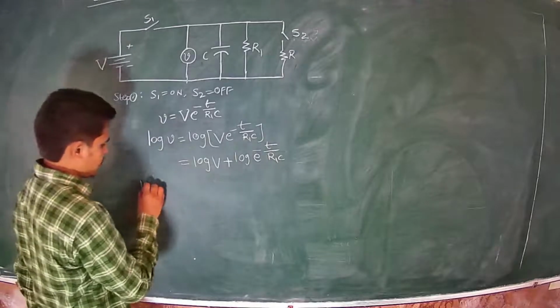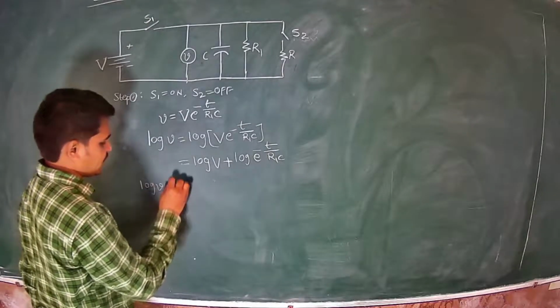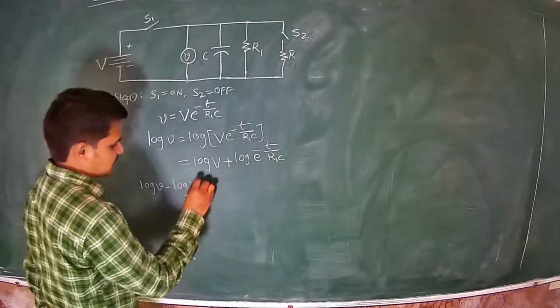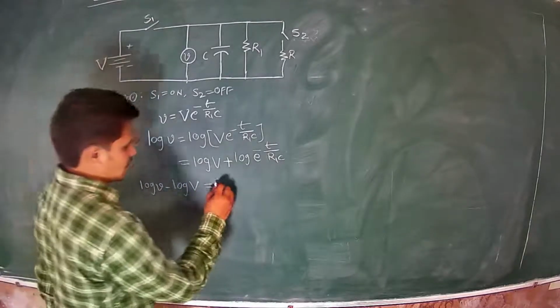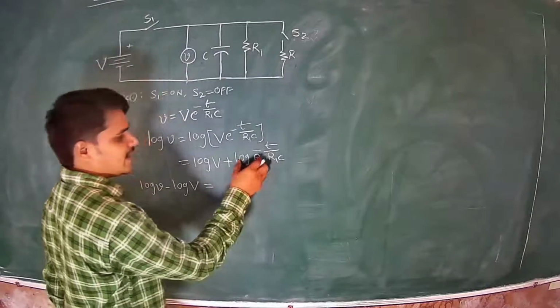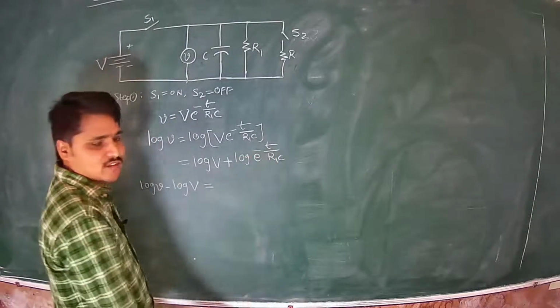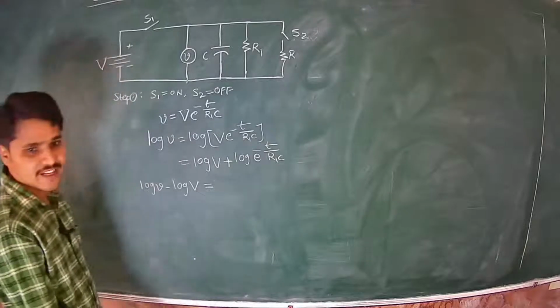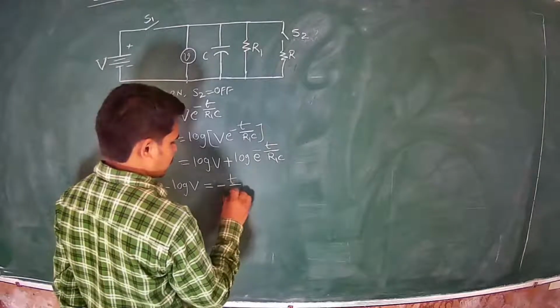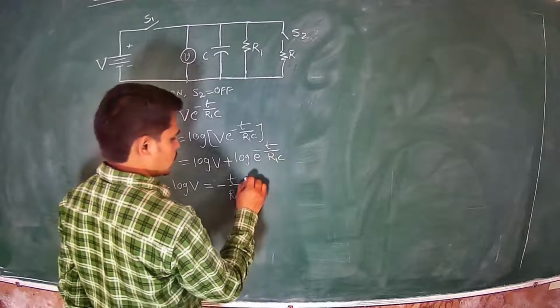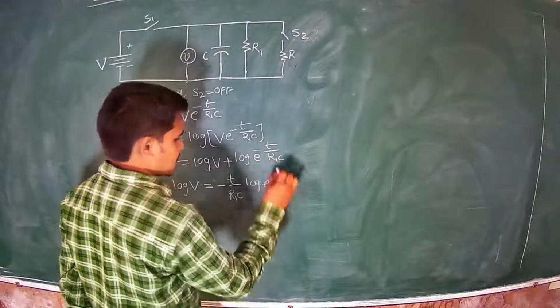So log small v minus log capital V is equal to log e to the power of n. So log a to the power of n is n log a. Therefore minus t by R1 C into log e.